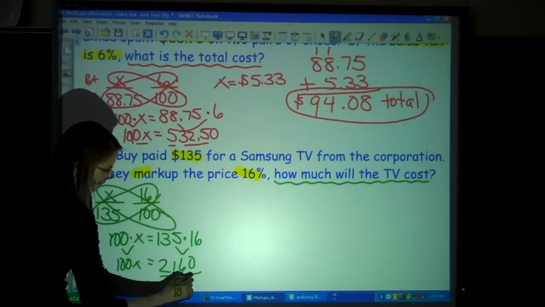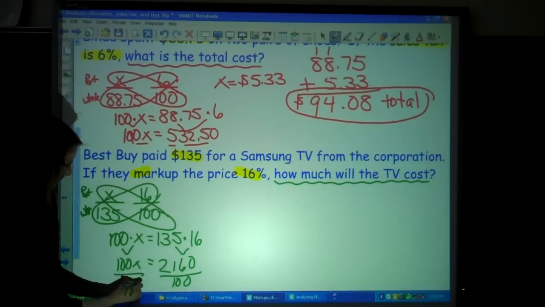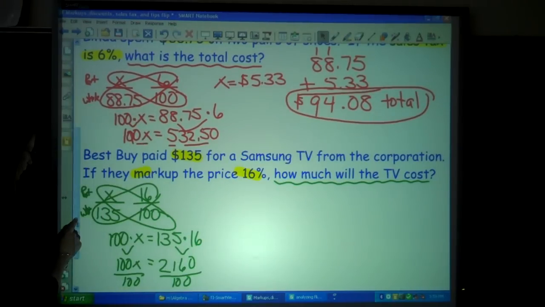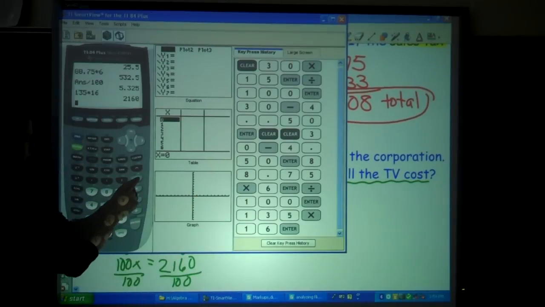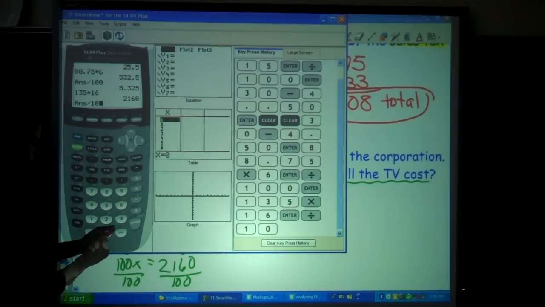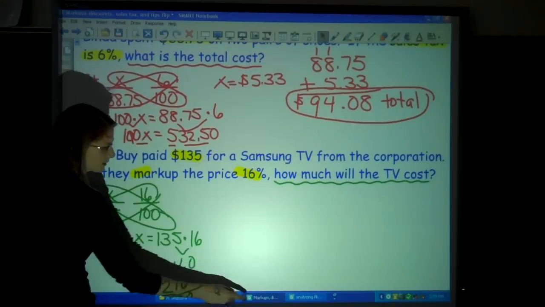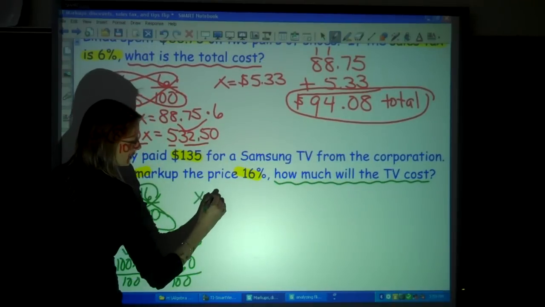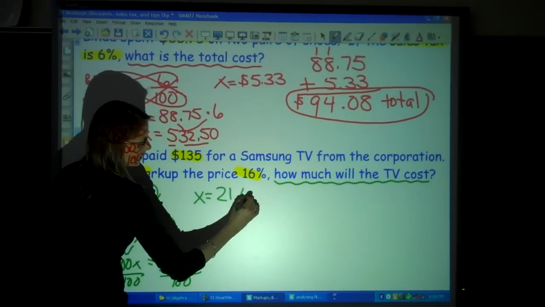And then I'm going to divide both sides by 100. Let me see if I have room down. Nope, don't have room down there, so I'm going to leave it there. So divide by 100. And I get 21.6. But remember, since it's money, I have to add a 0 on.